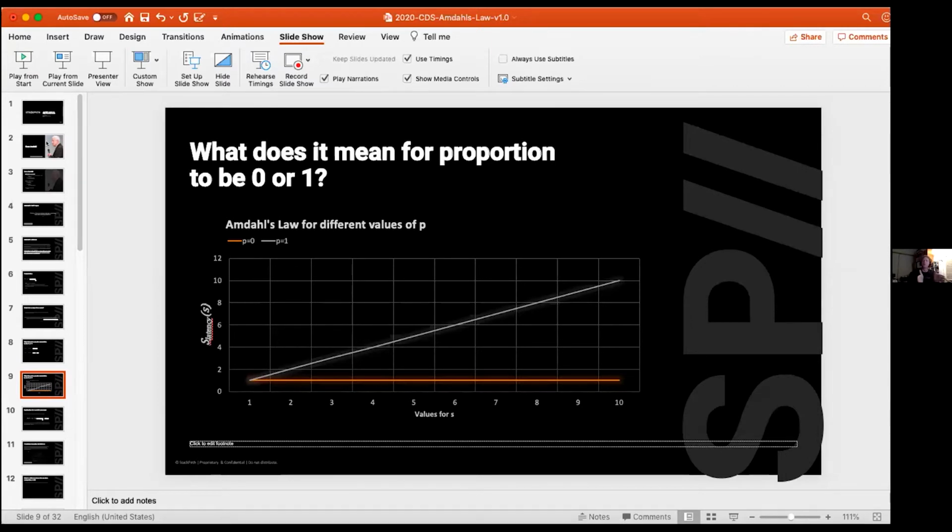We now have boundaries on our solution space. We say that our expected ratio of improvement can never be greater than the value that we have for little s, that the proportion that we can actually improve bounds the maximum that we can actually improve the whole thing by. And so our solution has to exist within the triangle that's described between the orange line and the gray line.